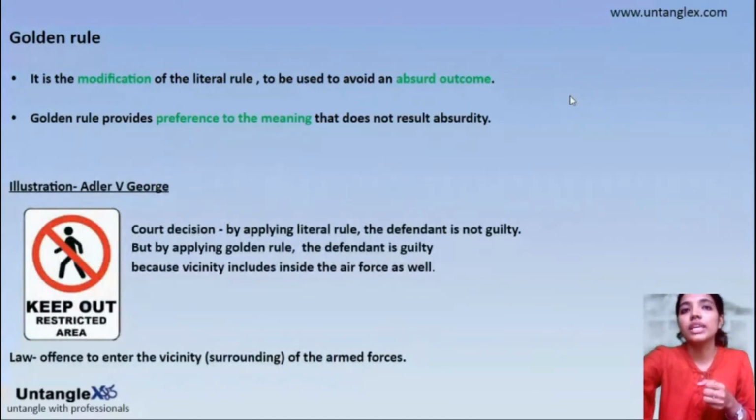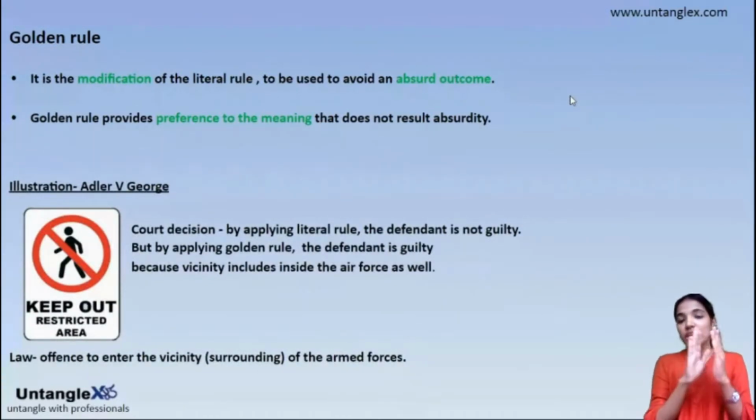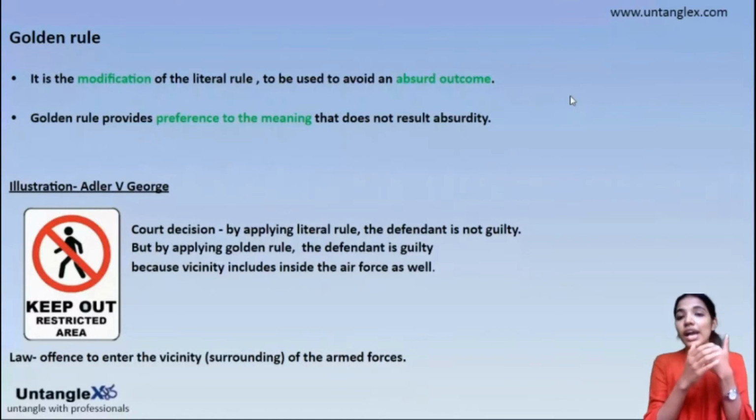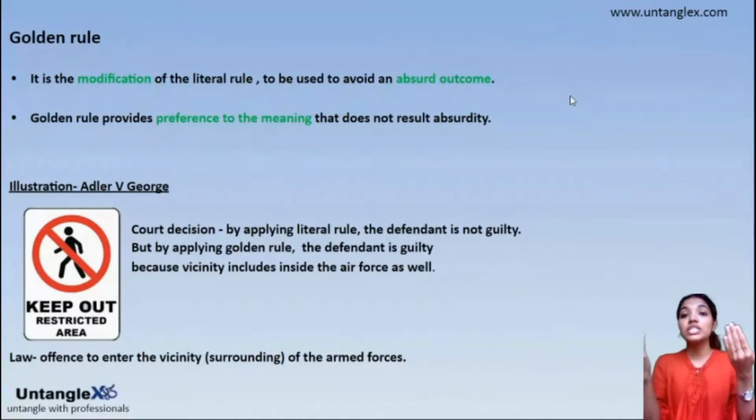Now we'll look at the case, Adler versus George. In this case, according to the Official Secrets Act, it is an offense for anyone to obstruct a member of the Air Force in the vicinity of a prohibited area. In the vicinity of a prohibited area was written in the Act.